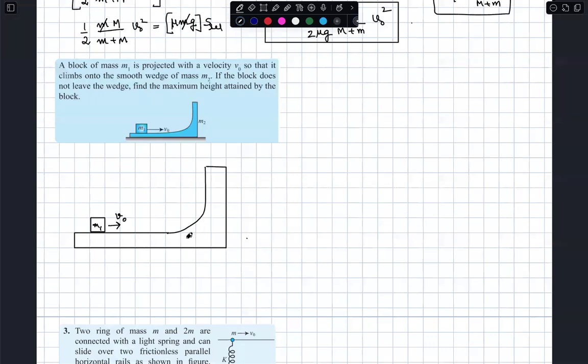V naught, M2, this is the initial situation. Right. I can say that this is the initial situation.